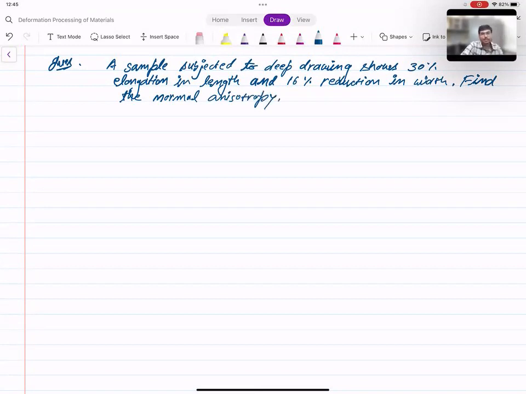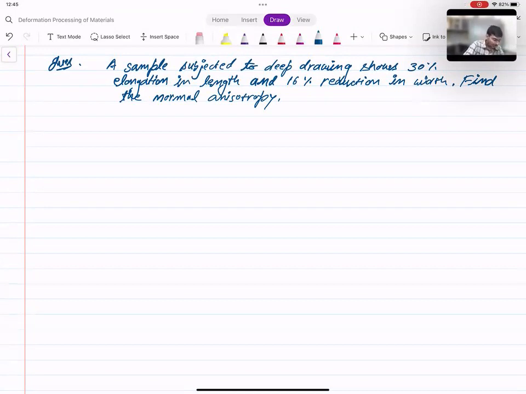Okay. So if you remember, we had seen a relation for the normal anisotropy in terms of change in width and change in length. Okay. So simply, what was that?